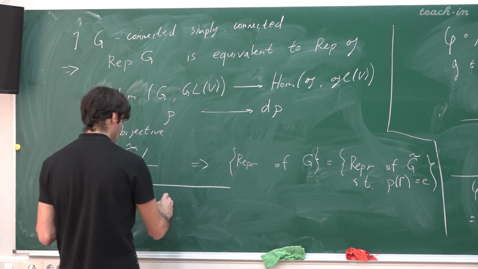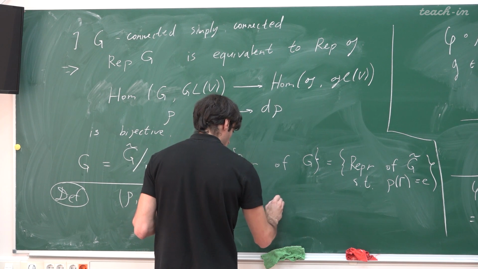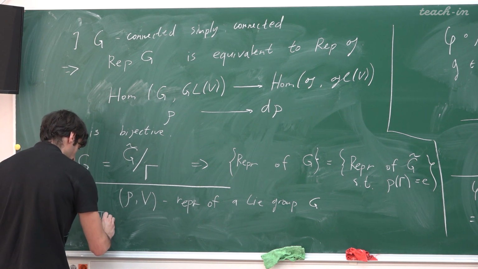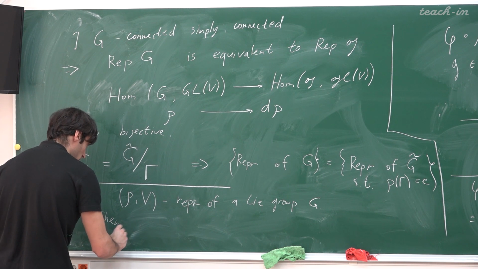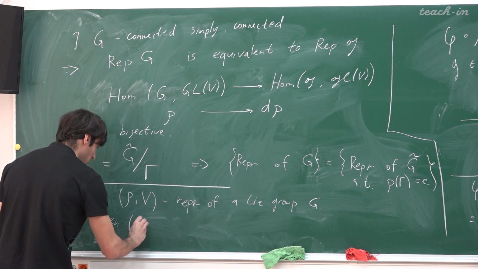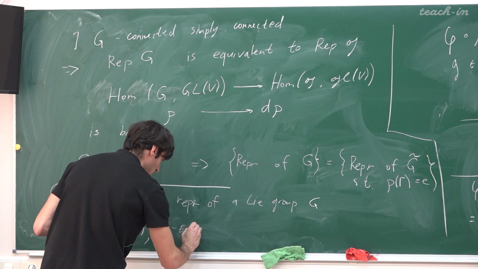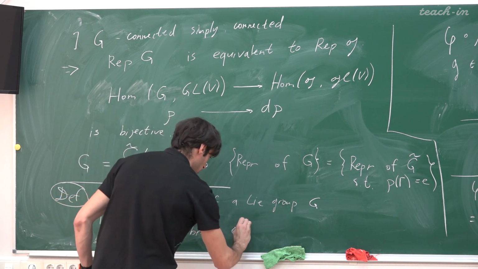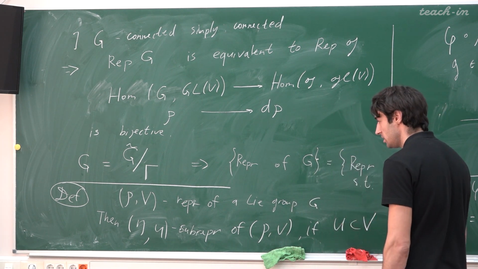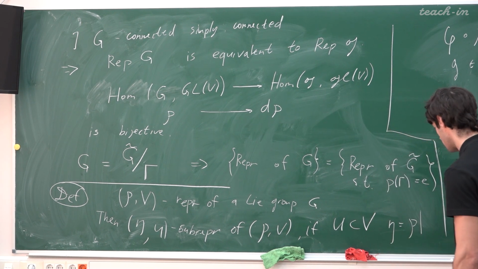Suppose again that (rho, V) is a representation of a Lie group G. Then (eta, U) is called a subrepresentation of (rho, V) if U is a subspace of V and eta is just rho restricted to U.